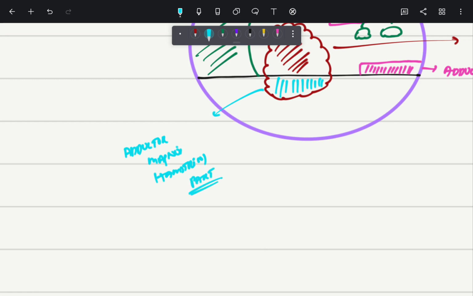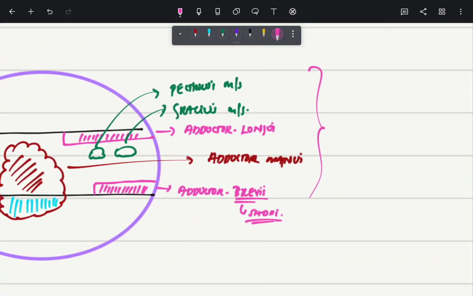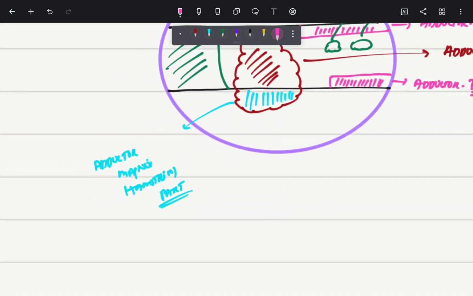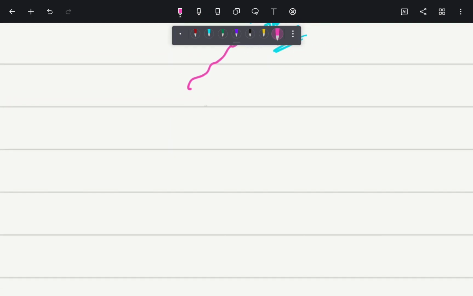Now why is this important? Because usually the muscles of the medial compartment are innervated by the obturator nerve, but the only exception here is the adductor magnus muscle, which is penetrating the posterior compartment of the thigh, and is supplied by your tibial nerve. I hope you are clear with this.